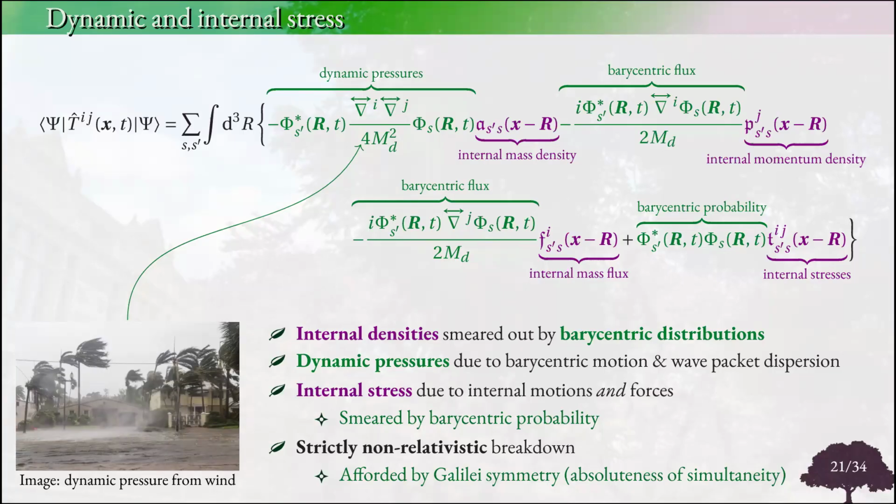Dynamic pressure is actually a jargon term that's used in fluid dynamics. So you want to separate out the dynamic pressures as well as anything depending on the barycentric flux to get a piece of this expectation value that is just internal stress smeared out by the barycentric probability distribution.